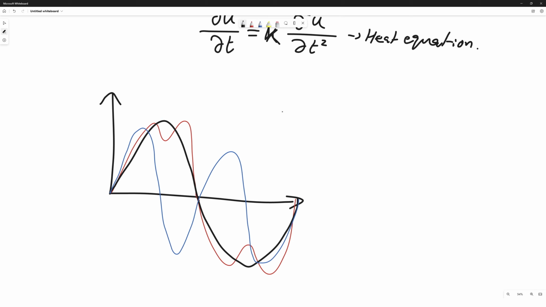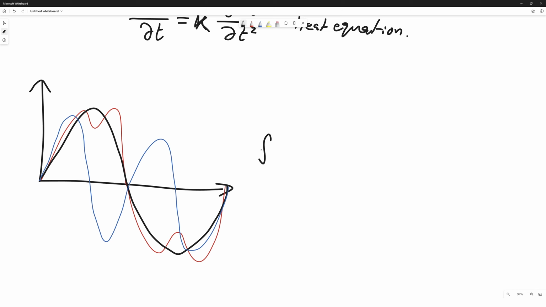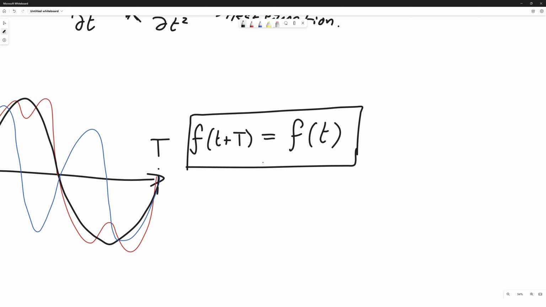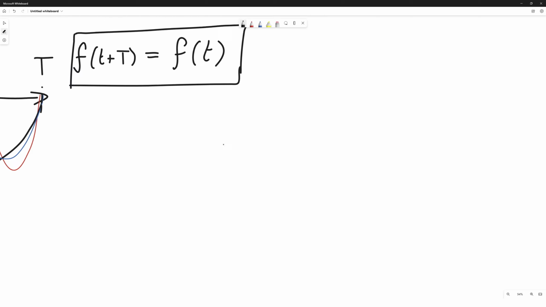And he observed that any periodic function, which is any function which satisfies this equation where T is the period, right? So here would be T, and this is the period for the function to restart, right? This is the condition for periodicity.